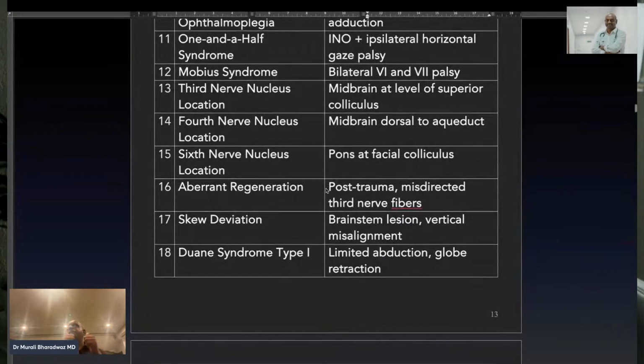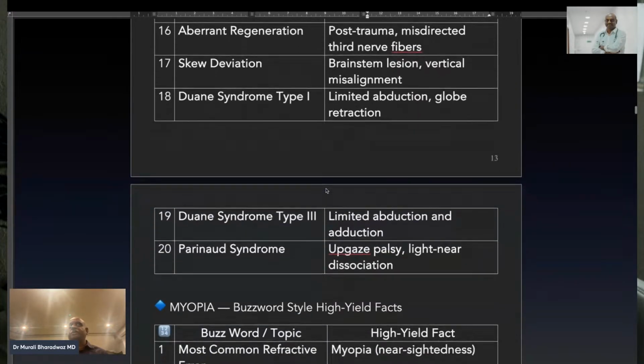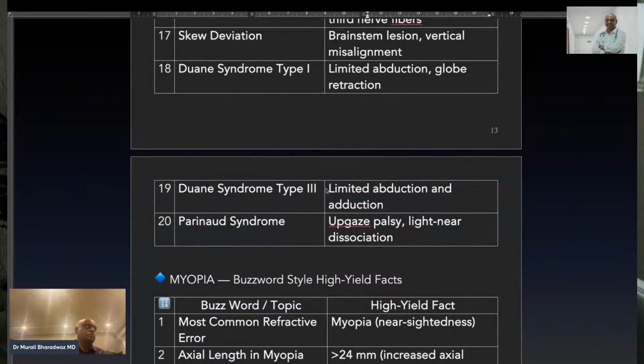Then what is Mobius syndrome? It is 6th and 7th palsy bilaterally. Where is the third nerve nucleus? Midbrain. Third, fourth in the midbrain; 5, 6, 7 in the pons.